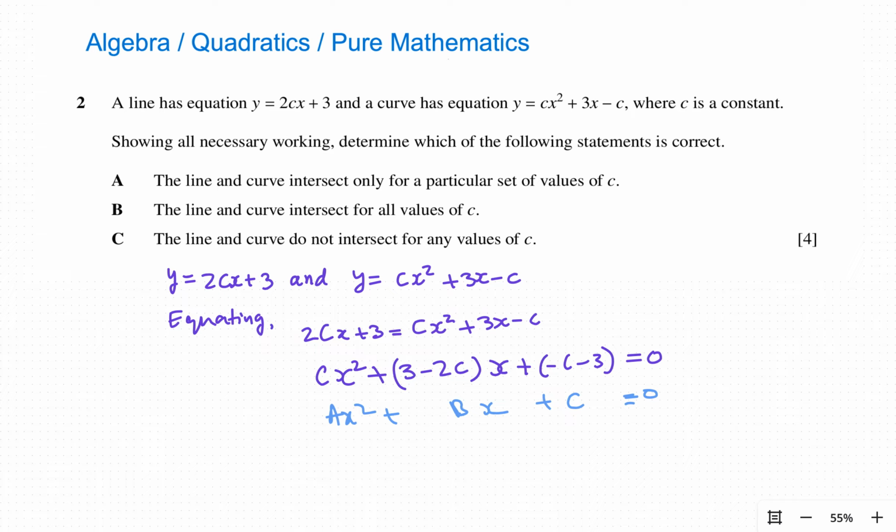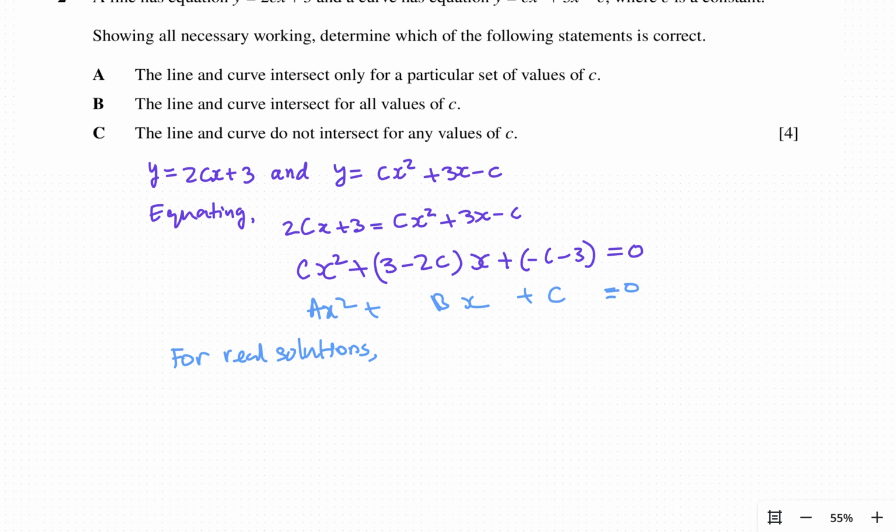So for real solutions, if I say that b squared minus 4ac is equal to 0, or b squared minus 4ac is greater than 0.